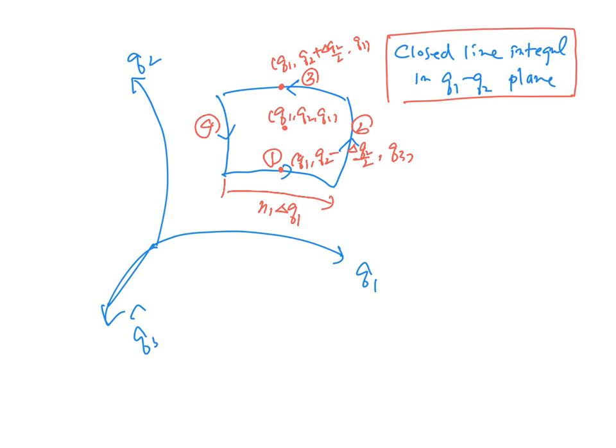Along this line, dR will be dQ1 in the Q1 direction, and along this one, in the opposite direction, dR will be minus dQ1.